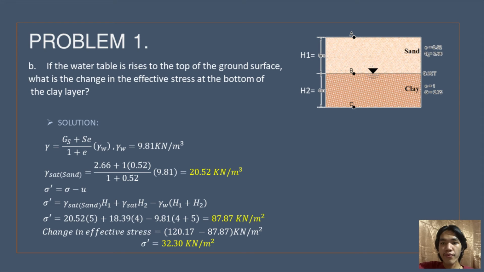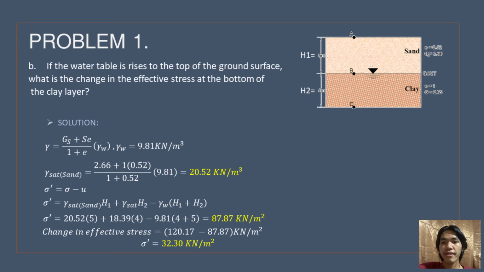And we can directly solve for the effective stress. The unit weight of the saturated sand times its height plus the unit weight of the saturated clay times its depth, minus the pore water pressure, the unit weight of the water times the height of the sand and clay.